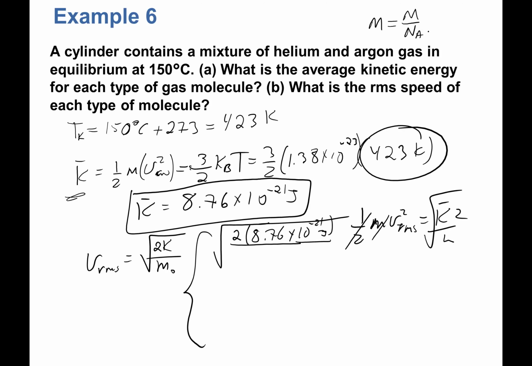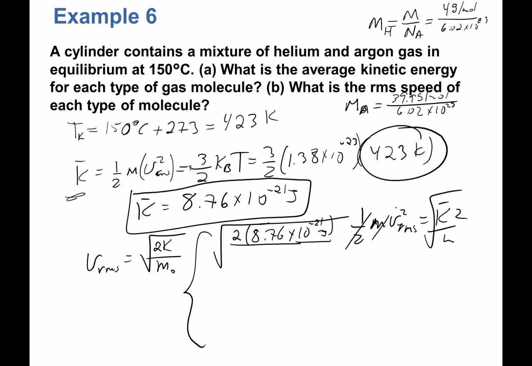So for helium, it is 4 grams per mole, if you remember, divided by 6.02 times 10 to the 23. This is for the helium. And then I can do the same thing for the mass of the argon, which is something you can have in tables: 39.9 grams per mole divided by the Avogadro number, 6.02 times 10 to the 23.